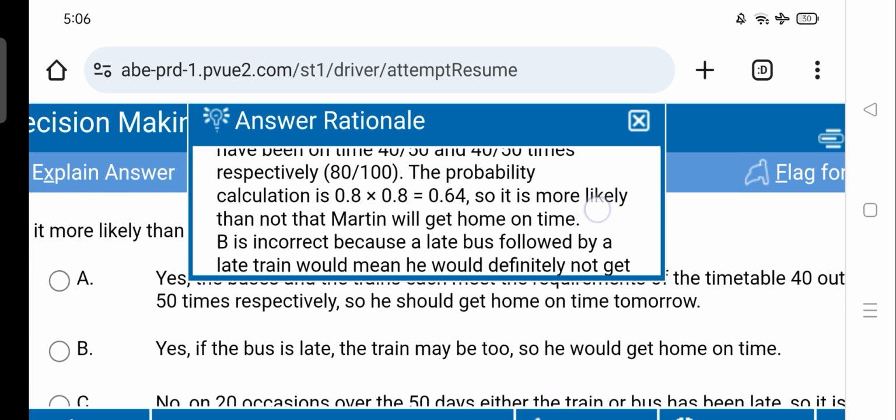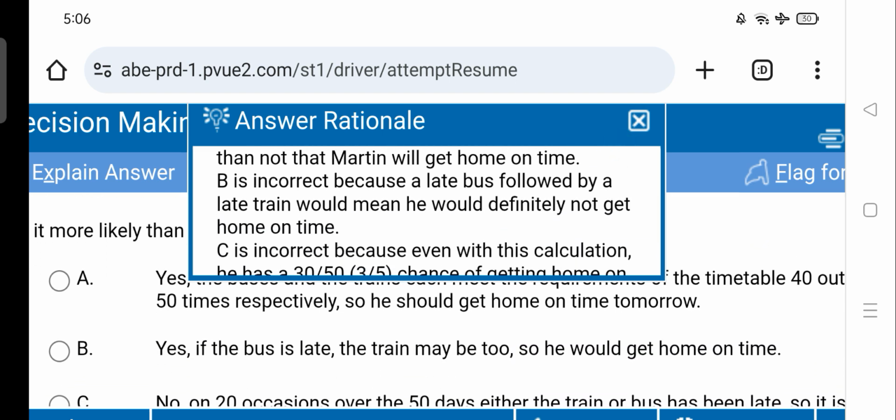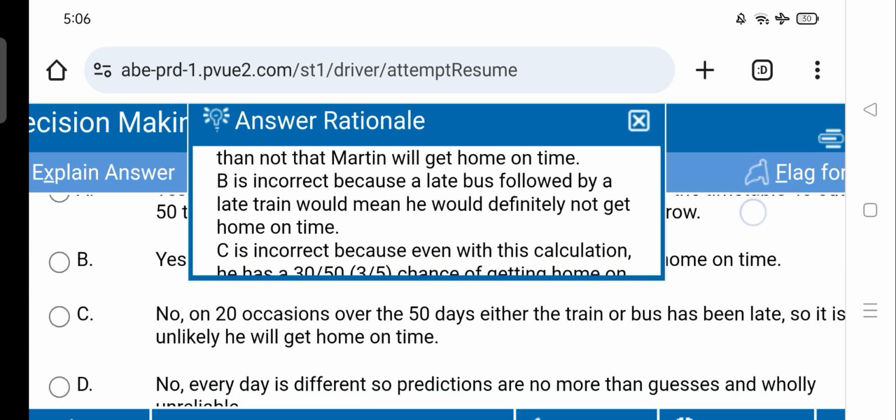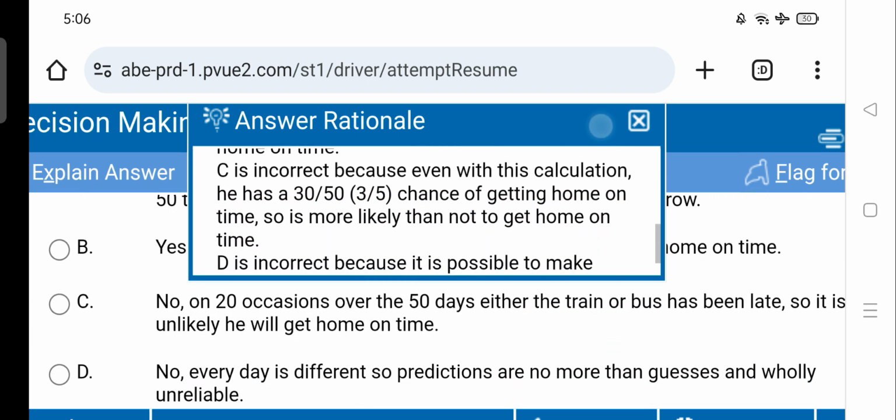B is incorrect because a late bus followed by a late train would mean he would definitely not get home on time. C is incorrect because even with this calculation, he has a 30 out of 50 chance of getting home on time.